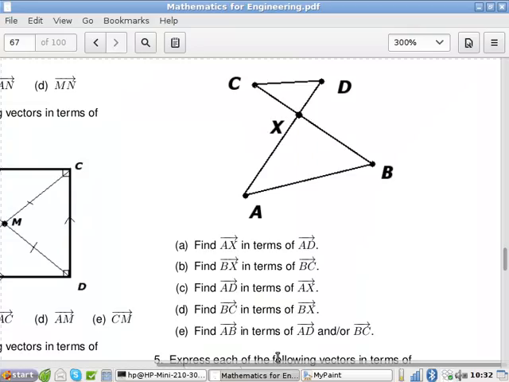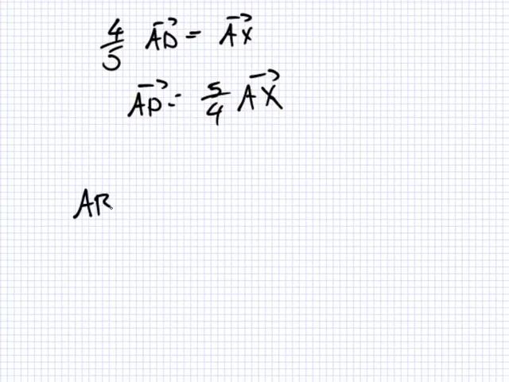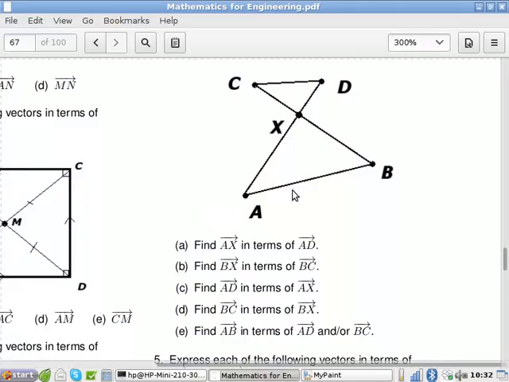Find AB. Now, this is where, remember earlier I said sometimes you can see it from the picture and sometimes you can't. You have to use your previous answers. So AB here, there's nothing for you to compare it to.